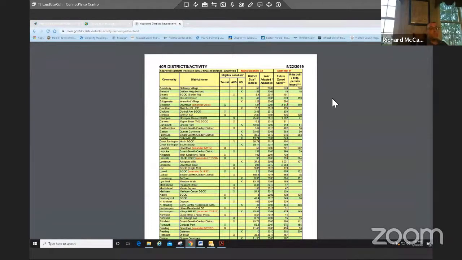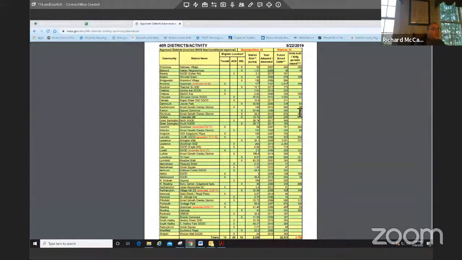It doesn't mean they're going to be built out necessarily, but at least it establishes a numeric number. Based upon that number, we'll get to it a couple of slides from now, there is an incentive payment to the town for creation of the district. And the last column talks about permits and building permits issued for different 40R districts.